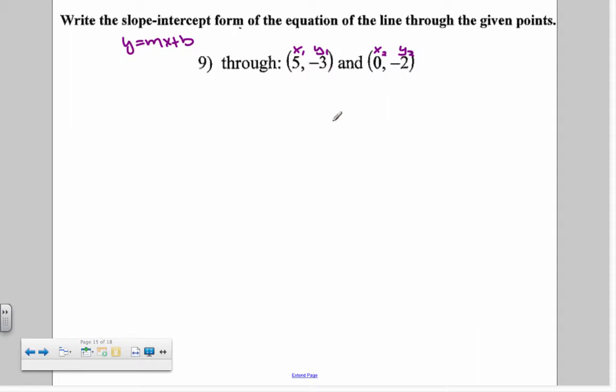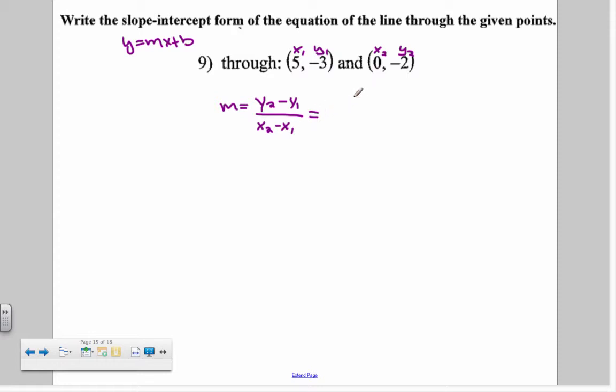Well, with 2 points, x1, y1, and x2, y2, I can find my slope. The slope formula, which is m equals y2 minus y1 all over x2 minus x1.